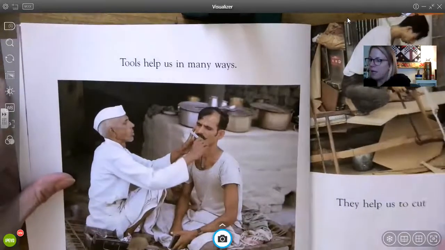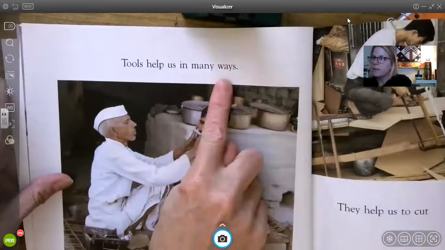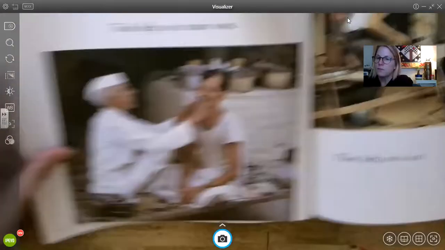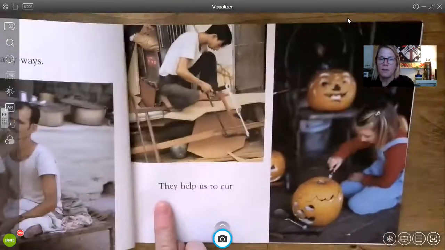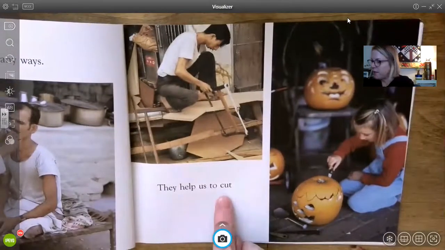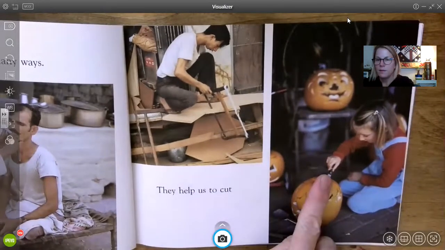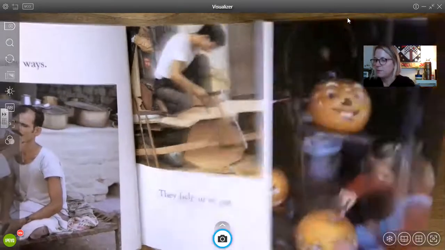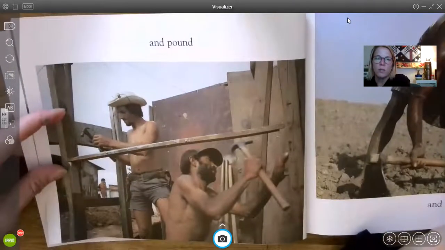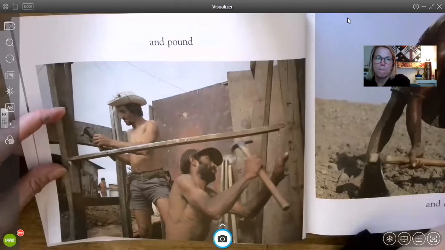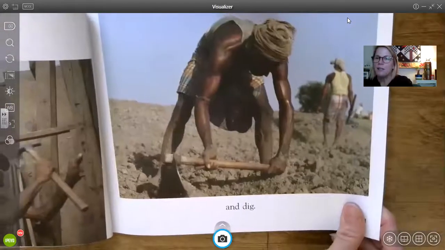Tools help us in many ways. They help us to cut. And pound. And dig.